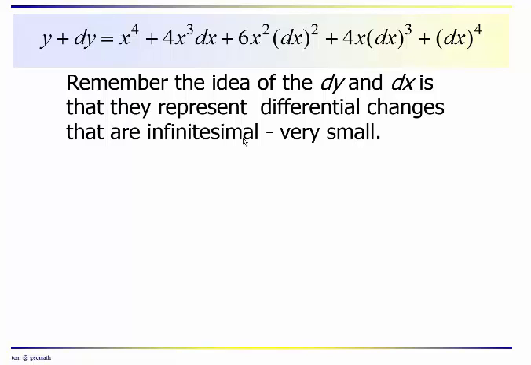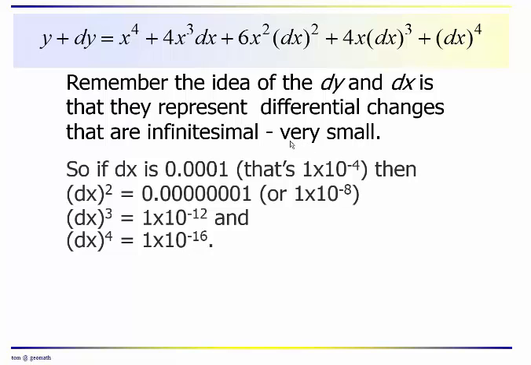Now taking a look at this expression, remember that dy and dx are differential changes and they become infinitesimally small. So we know these terms are going to go to 0. Let's assume that dx hasn't quite made it to 0 yet.